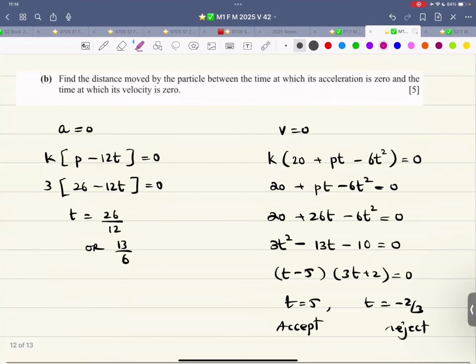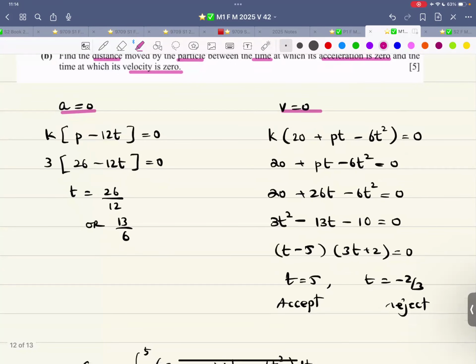Now this one. Now it says find the distance moved by the particle between the time at which its acceleration is 0 and the time at which its velocity is 0. Acceleration is 0. Write down k times p minus 12 t equals to 0. Plug in k, plug in p, evaluate, and t comes out to be 13 over 6. Similarly, v equals 0.